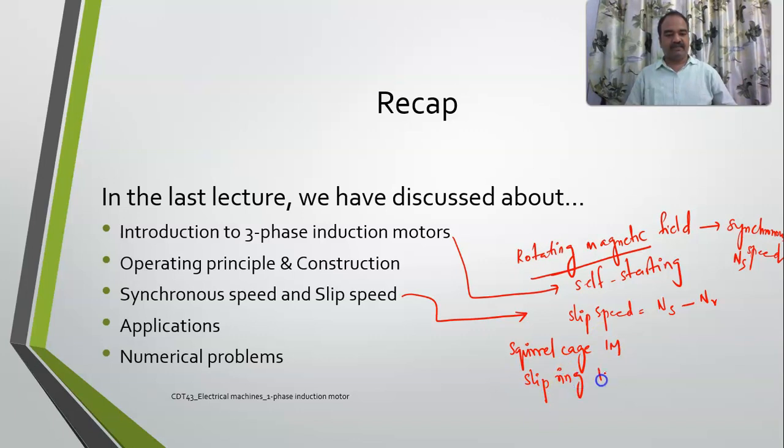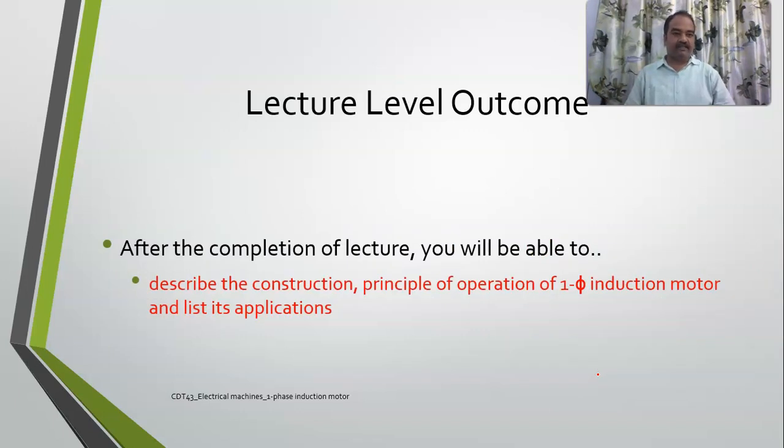We have seen the constructional differences between these two, and we have also done some numerical problems on synchronous speed and calculation of slip. And we have also seen the applications of squirrel cage induction motor and slip ring induction motor. In today's class, we will go with single phase induction motors, the widely used motors in industry.